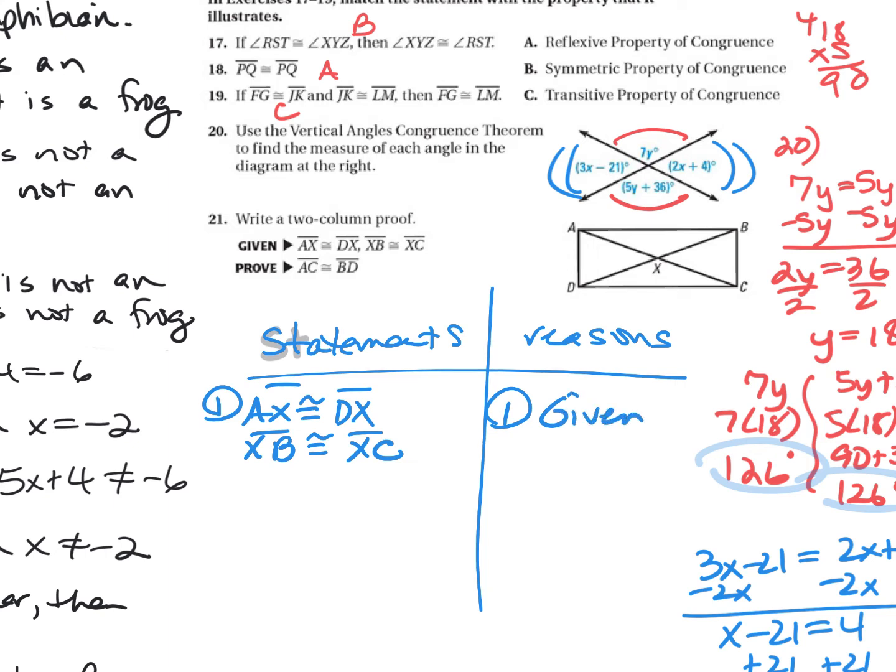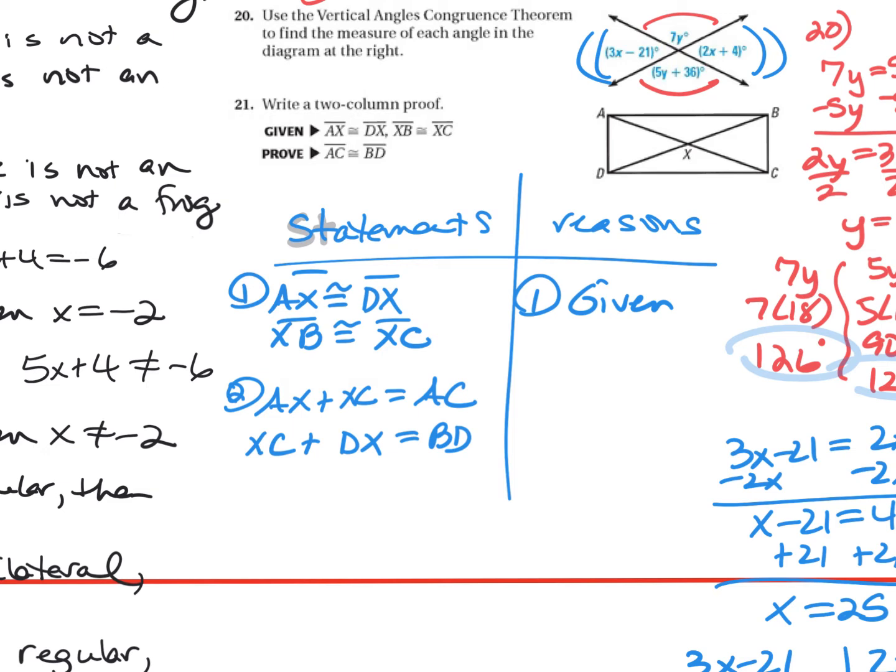Next, because I need to establish what AC and BD equal, I'm going to go ahead and use my segment addition postulate, and I'm going to show that AC is made up of adding AX plus XC equals AC. And then I'm also going to show that XC plus XD, or DX, equals BD.